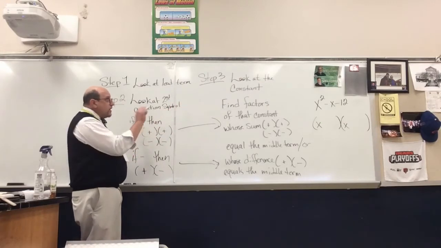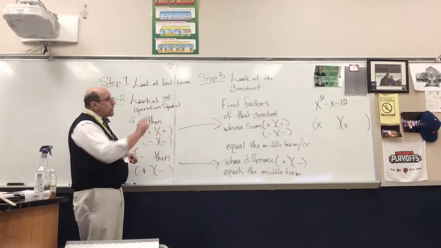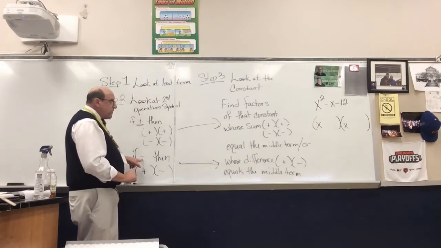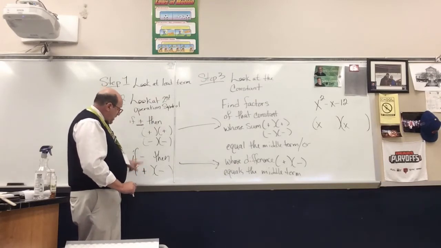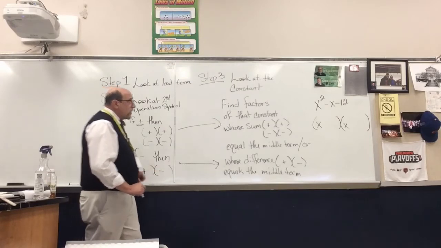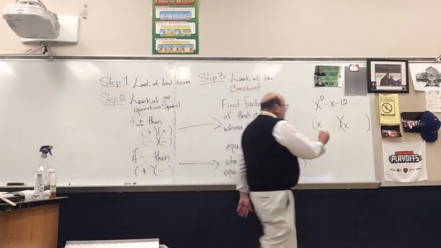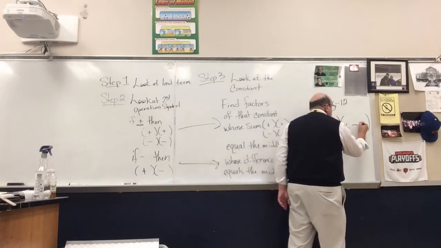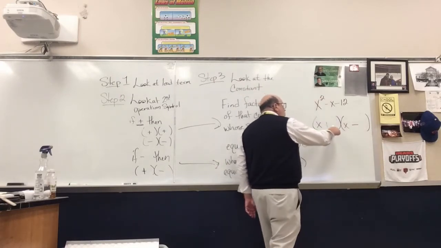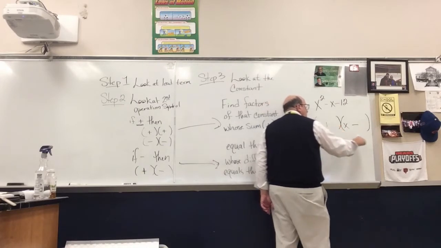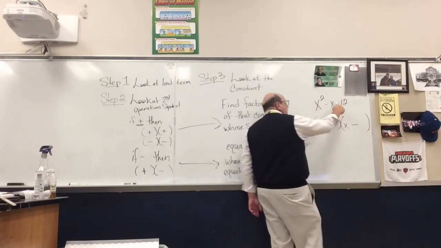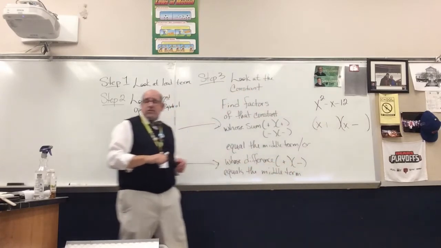This one doesn't have that. This one has a subtraction symbol, so we're going to go down and look here. If it's subtraction, then one has to be positive and one has to be negative, or one has to be addition and one has to be subtraction. Because that's the only way, if you multiply what's here by what's here, you come up with a negative sign or a subtraction sign.